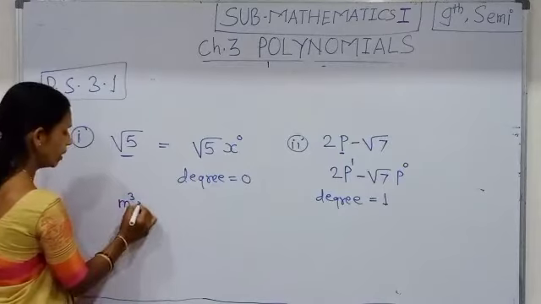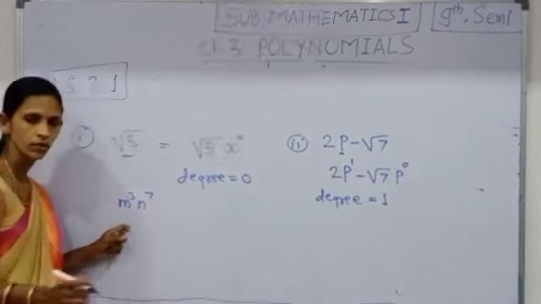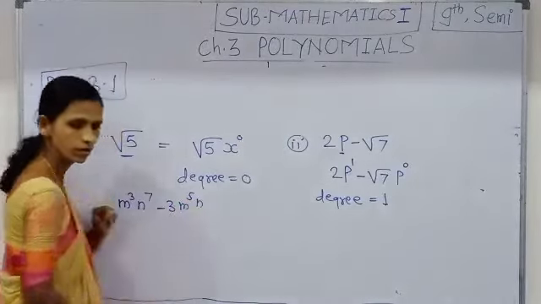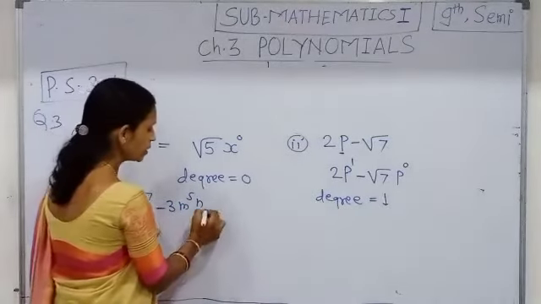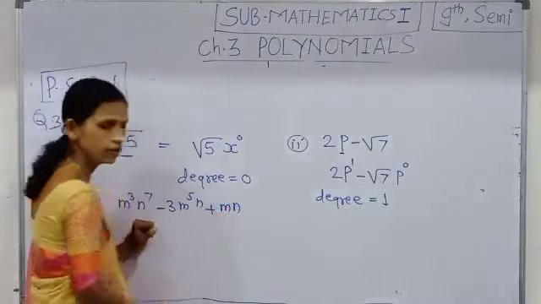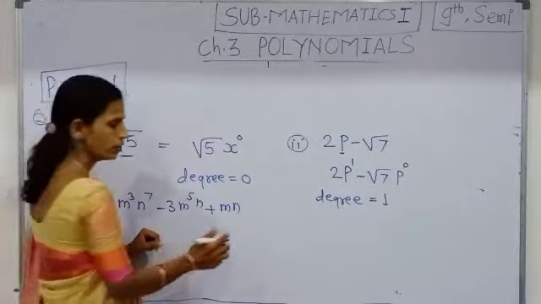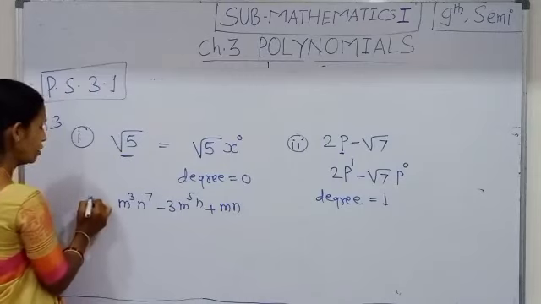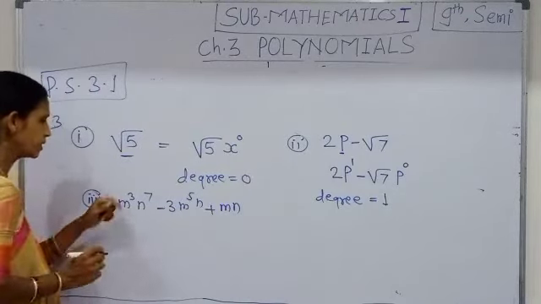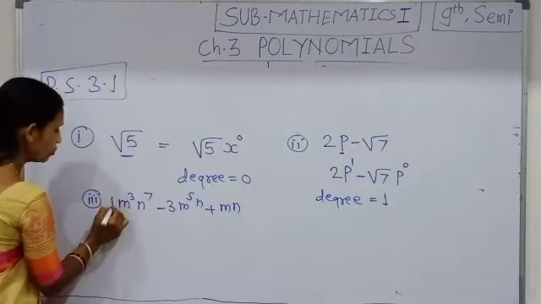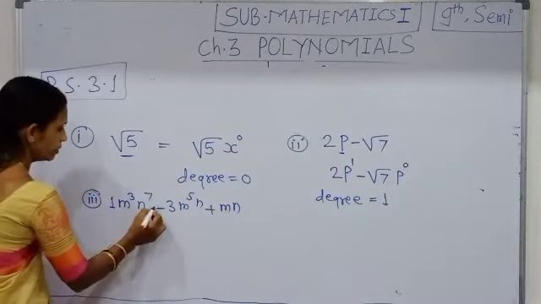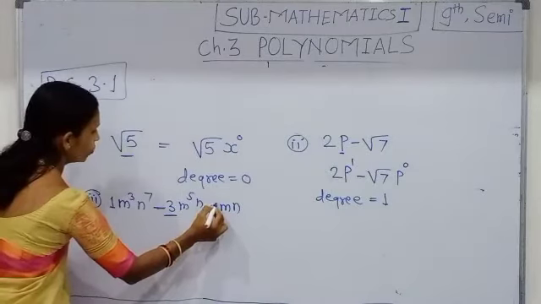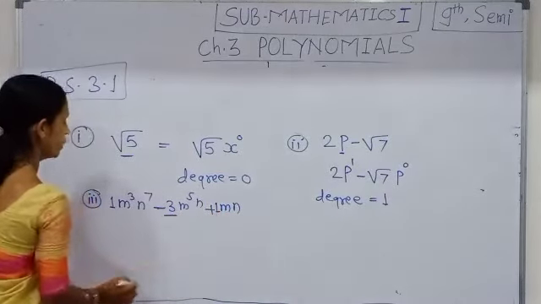As well as we can write the degrees of a few more examples given here: m cube n raised to 7 minus 3m raised to 5n, then plus mn. Here we have to find out the degree of the given polynomial. See here, the coefficient of the first term is 1, of the second term is minus 3, and one more term is there of which the coefficient is 1.